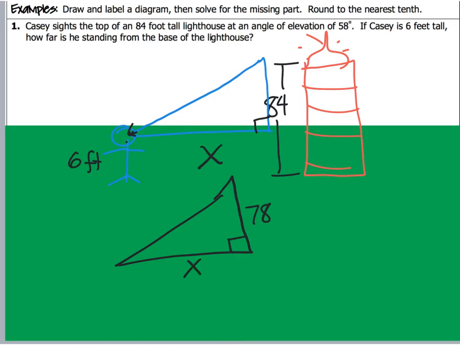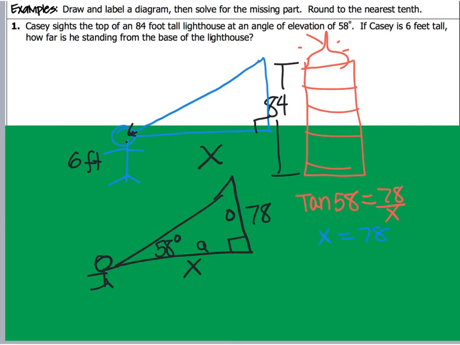So here we go. Angle of elevation is 58. So we're going to label opposite, adjacent. We're using tangent. Tangent of 58 is equal to opposite 78 over x. When we solve this, x and tangent of 58 are going to switch places.